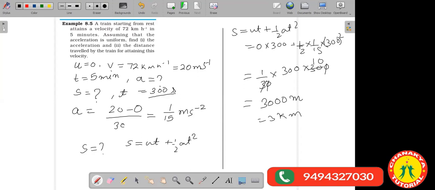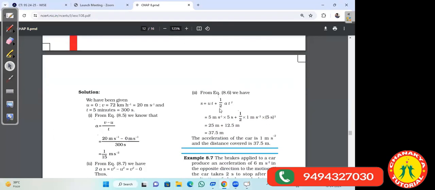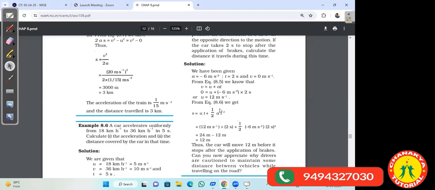Now I will give you the next question as a complete try. I will not be solving it. I will wait for 3 minutes, and you should be able to solve this question. So, a similar question here. This one we got the answer.